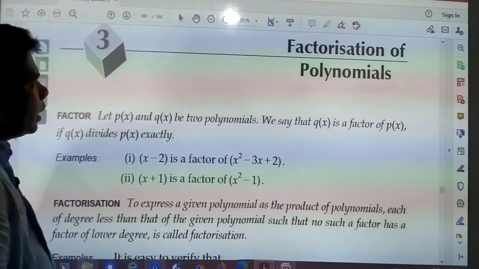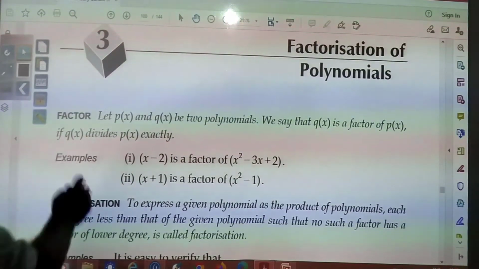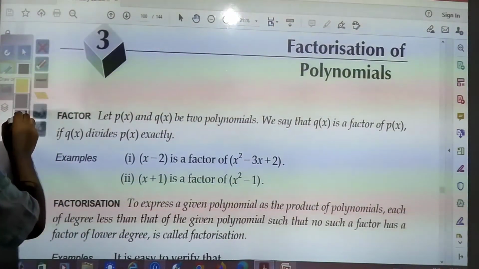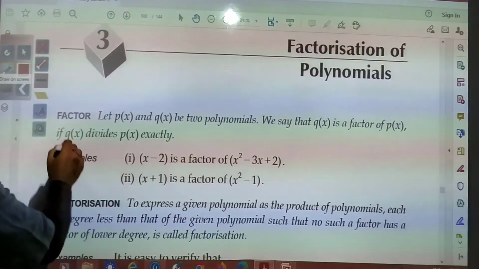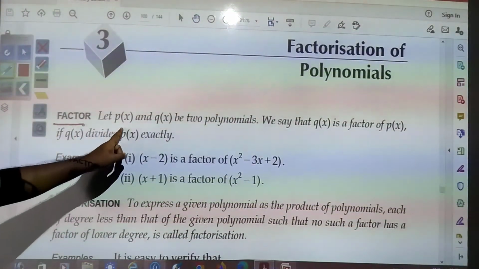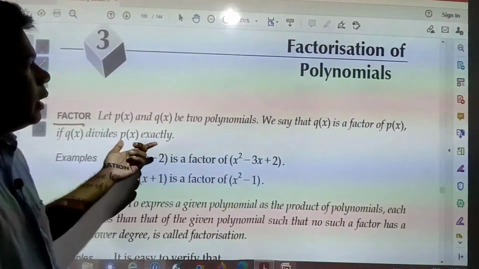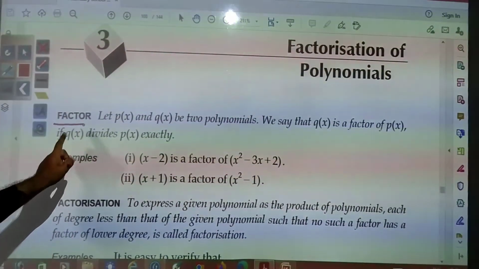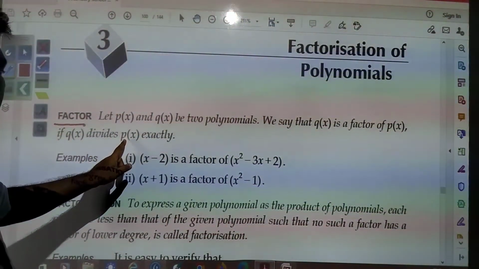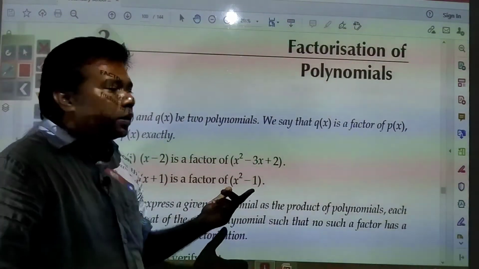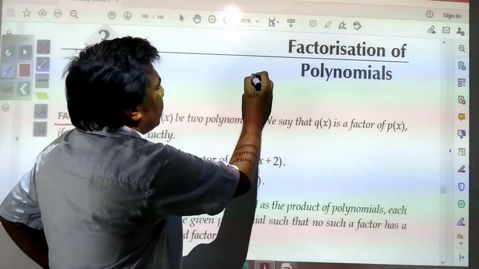Here you have factorization of polynomials. You know all these things. Factor: let P(x) and Q(x) be two polynomials. We say that Q(x) is a factor of P(x) if Q(x) divides P(x) exactly. Suppose you have any two numbers, suppose 4 and 2.